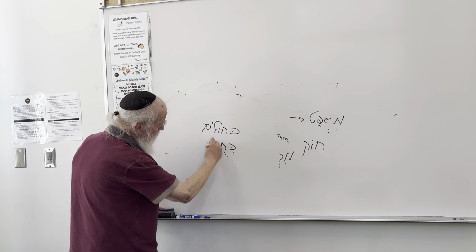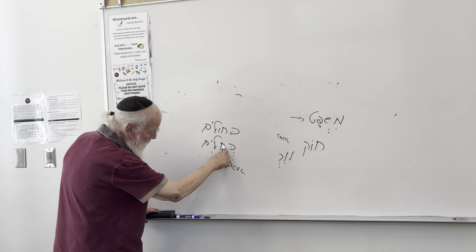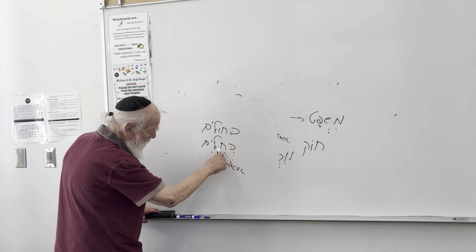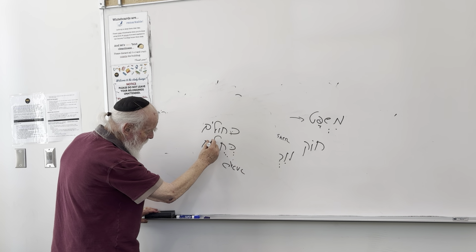You'll notice that the vowel underneath the chet is a kubutz. It's not a long shuruk. So it's CVC, C, short vowel, closed by dagesh chazak and lamed. That's where the CVC comes in. Lamed then has the CVC.